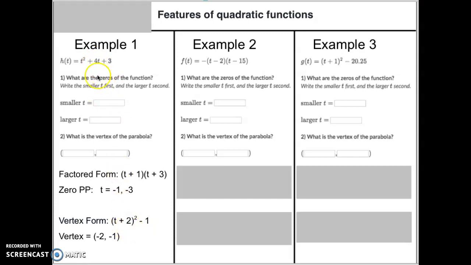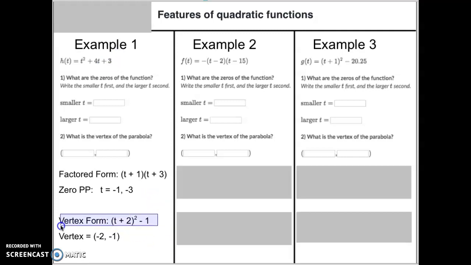And remember, if I take half of this 4, half of that squared would be positive 4, so the perfect square form of this would be t squared plus 4t plus 4. Well, if I add 4 to here, to keep the equation the same, I need to then subtract 4 from this. And positive 3 minus 4 is negative 1.